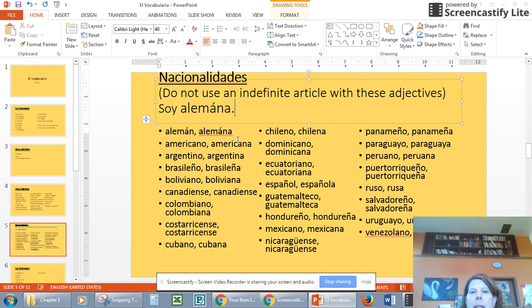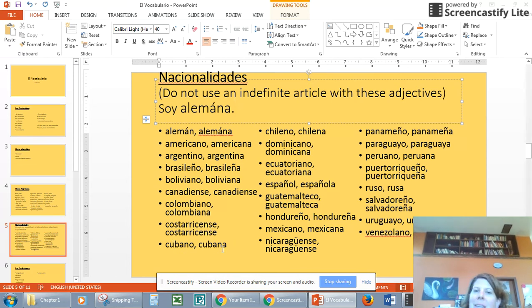So alemán, alemana, that's German. Americano, americana, you can guess that's American. Argentino, argentina, from Argentina. Brasileño, brasileña, Brazilian. Boliviano, boliviana, Bolivian. Canadiense, and it's the same. I have it twice, whether it's male or female, and that's Canadian. Colombiano, colombiana, that's Colombian. Costarricense, again, same whether it's male or female, Costa Rican.